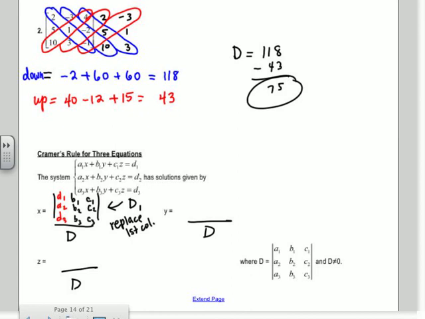Okay, so y is going to be with d2, and for d2 you're going to replace that second column with d1, d2, d3. So the first column is going to be a1, a2, a3. And the third one's d1, d2, d3. Or not d1, whoops. C's. c1, c2, c3.